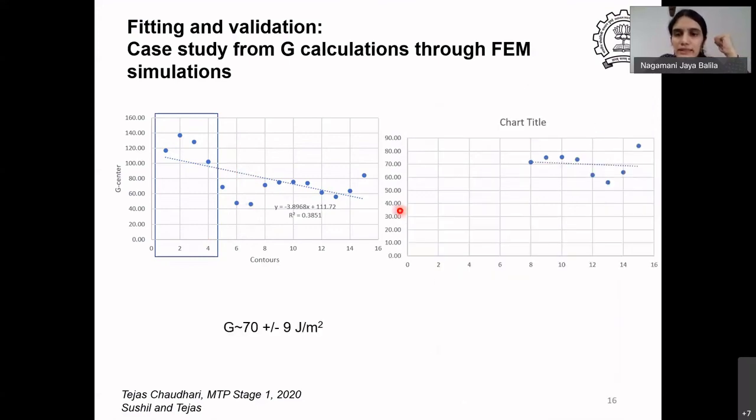I'll not get into the details, but I will take only the last 8 contours and then average. Then the dependence on the contours has reduced further, and I get some mean and standard deviation. So this is how I calculate the left-hand side of the equation.